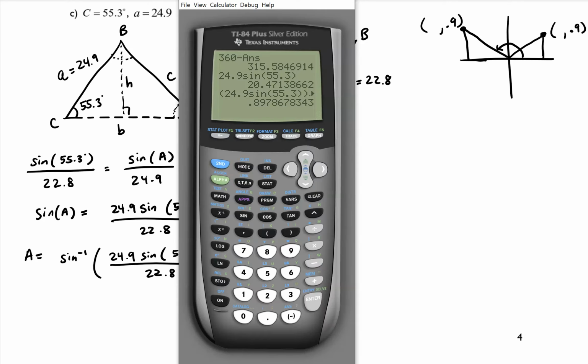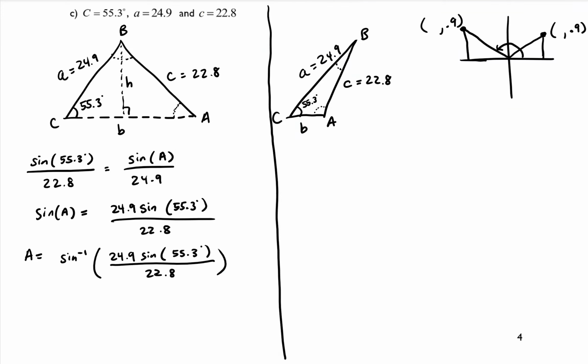So when we do sine inverse of 0.9, or whatever that number is, we get 63.87. So I'm going to round that to 63.9. So A is equal to 63.9 degrees.